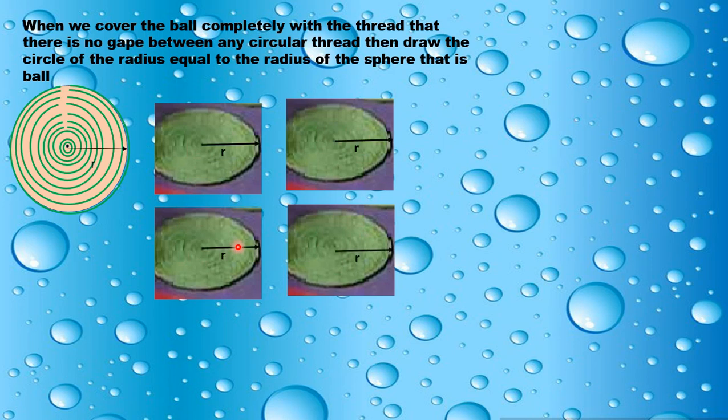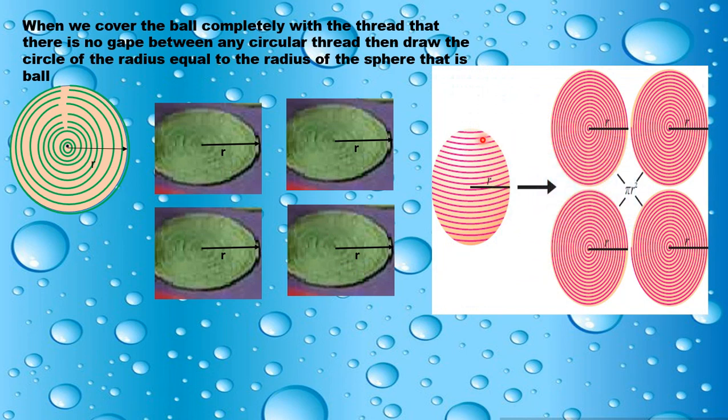So the radius of the ball and the radius of the circles are equal, which means the thread which covered the surface of the ball is sufficient to cover 4 circles.